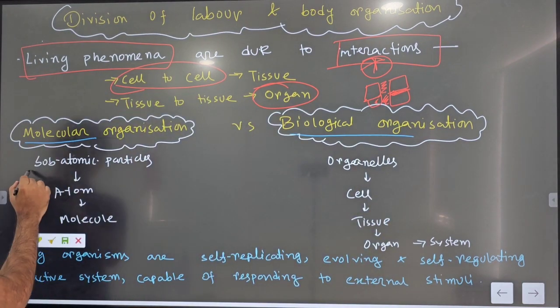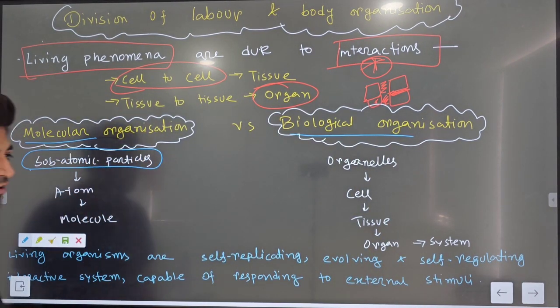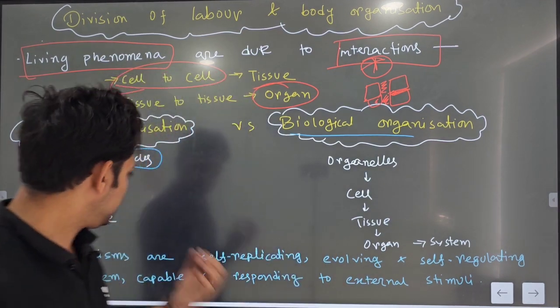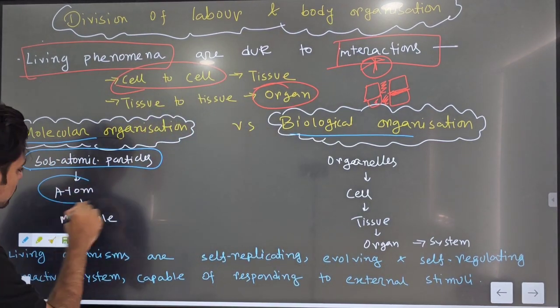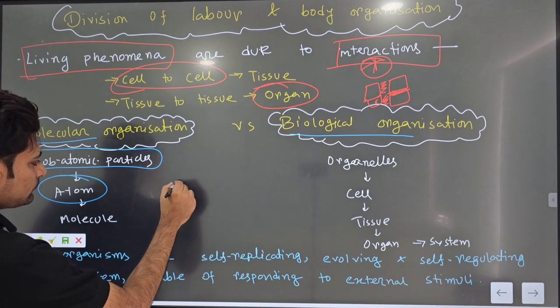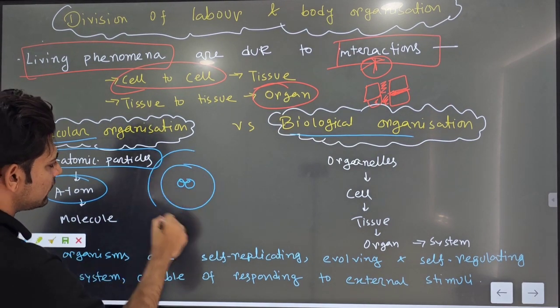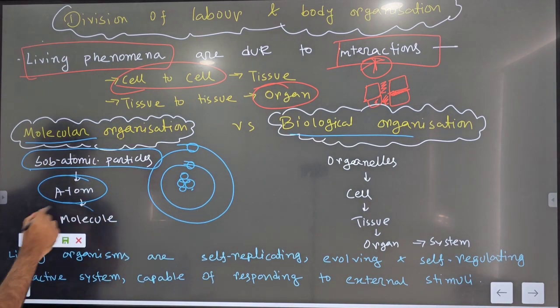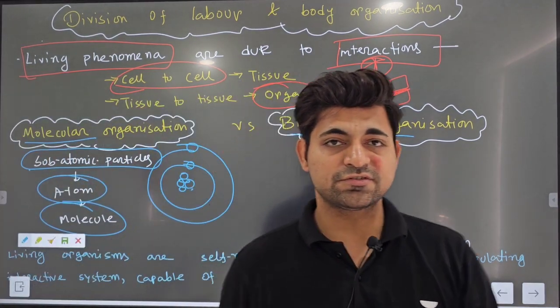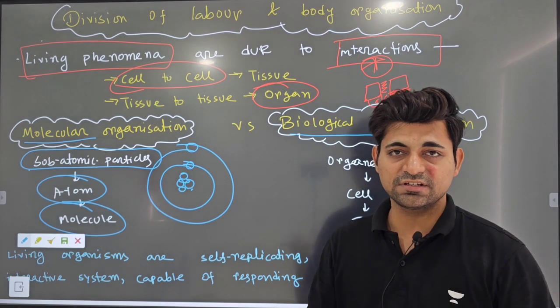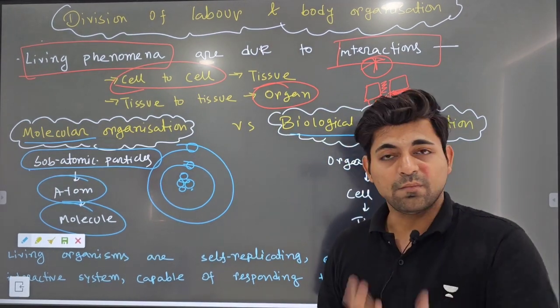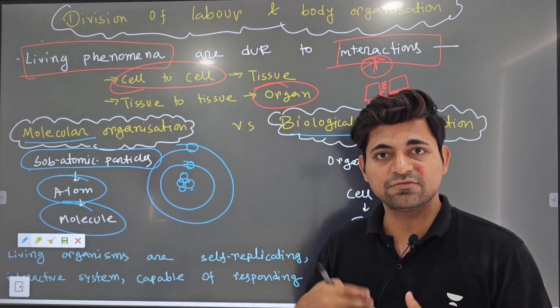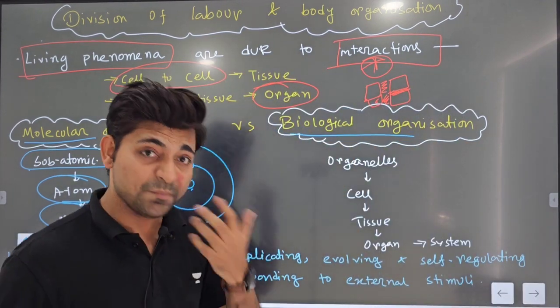Subatomic particles like electrons, protons and neutrons together form atoms, atoms form molecules, molecules as elements interact with each other and form compounds, and compounds interact and form complex compounds.